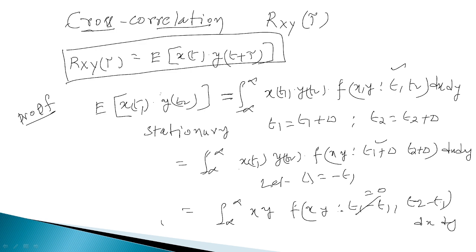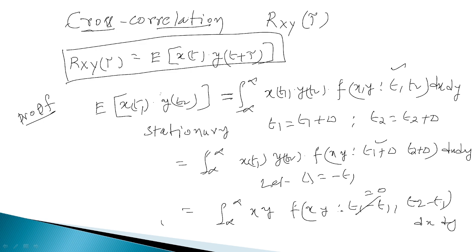I am assuming t2 minus t1 is equal to tau. Let t2 minus t1 equal to tau, then t2 equals t1 plus tau.